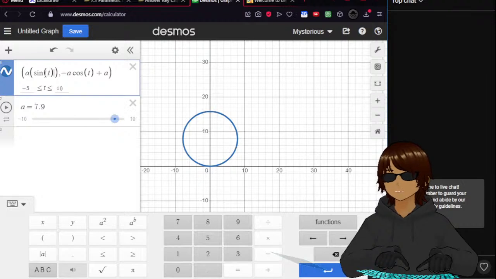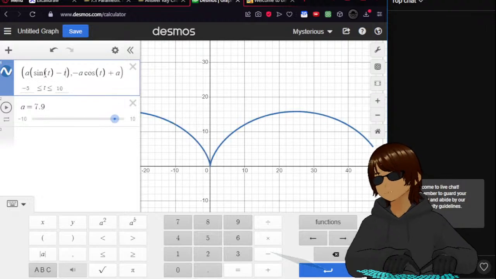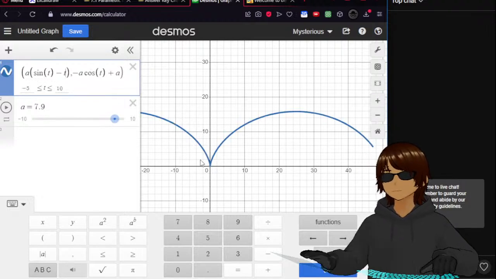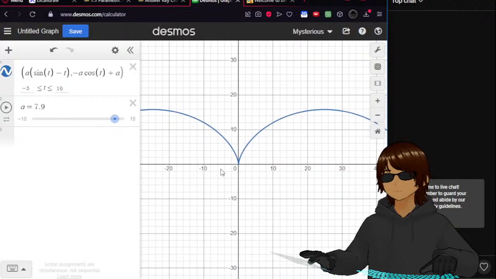Sine t minus t. T is like how much the graph is being shifted by.